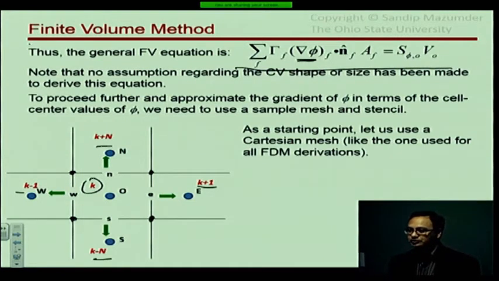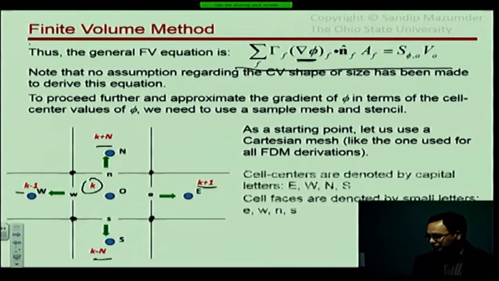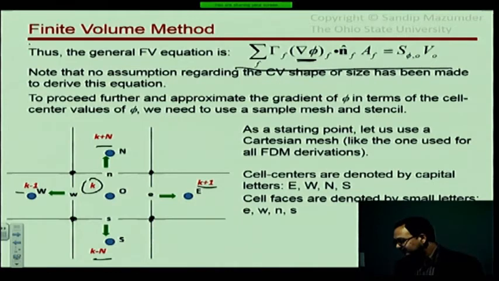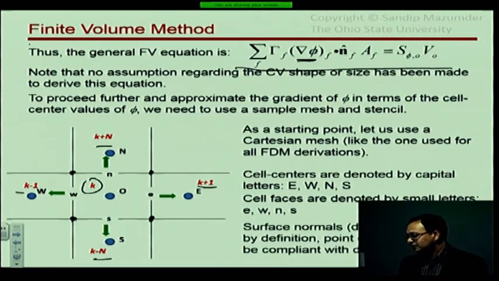So the green arrows represent your surface normals. Cell centers are denoted by capital letters, cell faces denoted by small letters. Surface normals are denoted in green, and by definition they're pointing outwards from the control volume to be compliant with the divergence theorem that we used to derive the equation.